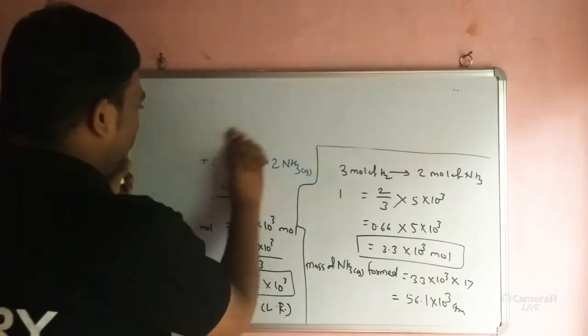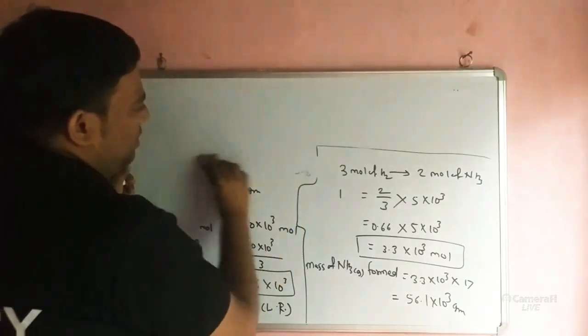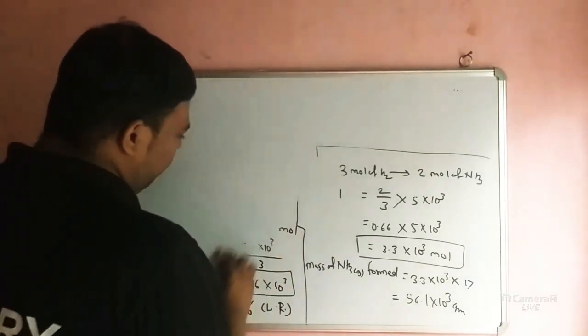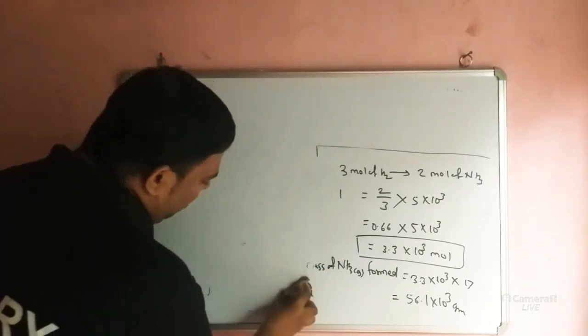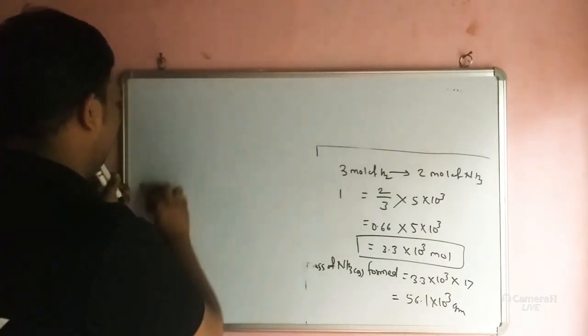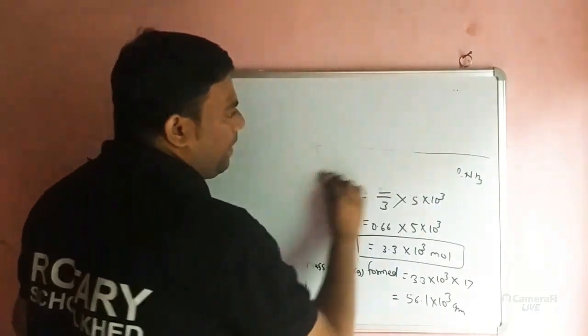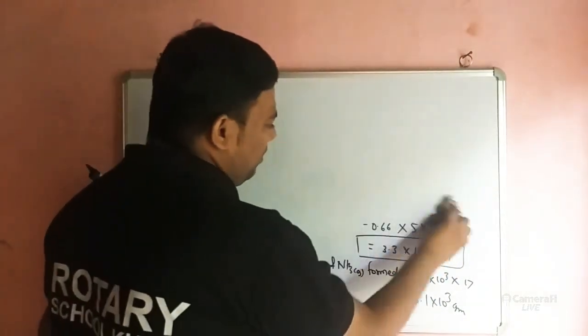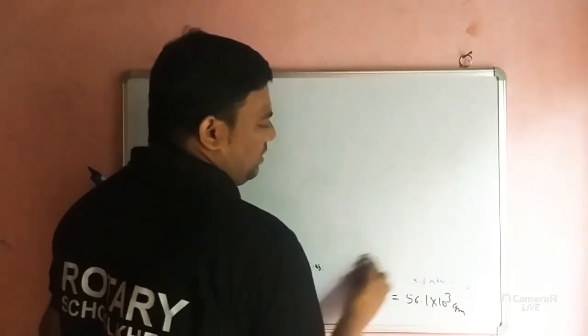You have to solve it in your notebook and share me the snap of that fully solved example. Whatever I am writing here, you have to solve it like this.